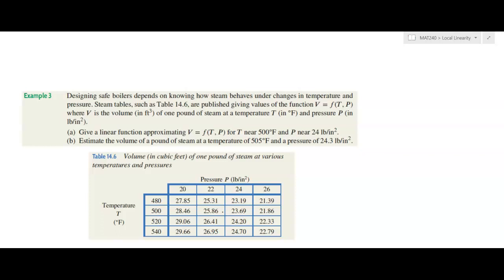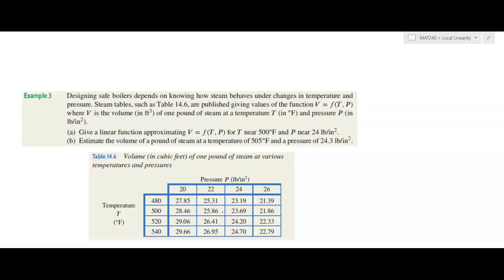So these are the temperatures that we have. And P is the pressure in pounds per square inch. So the number of pounds of pressure per square inch and the temperature will determine the volume of 1 pound of steam.